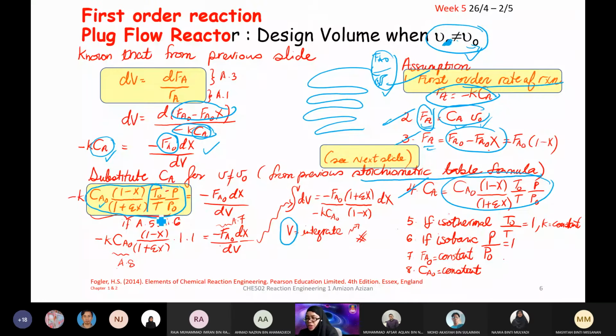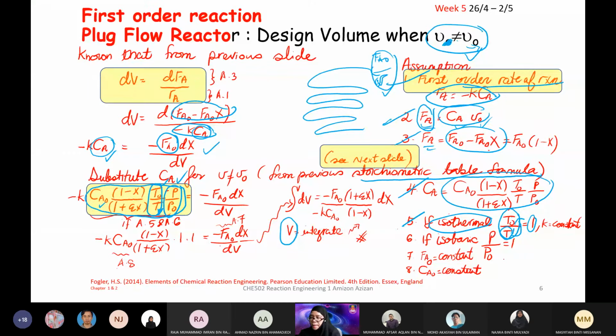Then we are going to consider the ratio of the temperature and the pressure. It depends on the situation you are dealing with. If the condition of your plug flow reactor system is set to be isothermal, then there is no change of temperature, so T is equivalent to T naught.